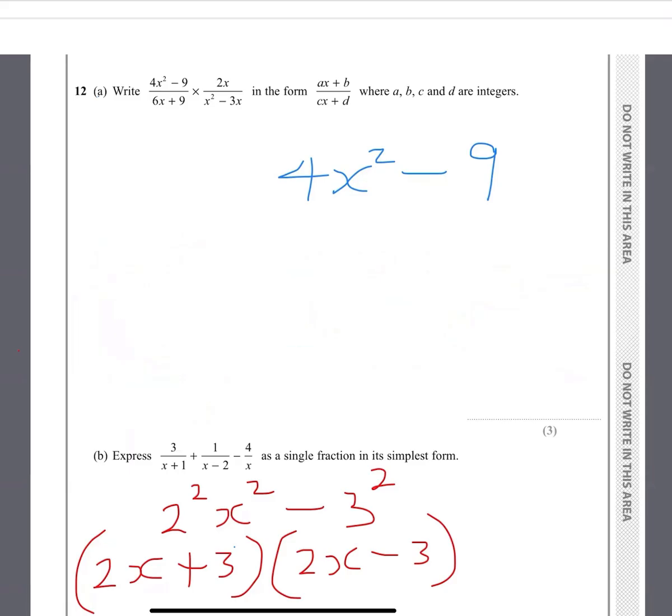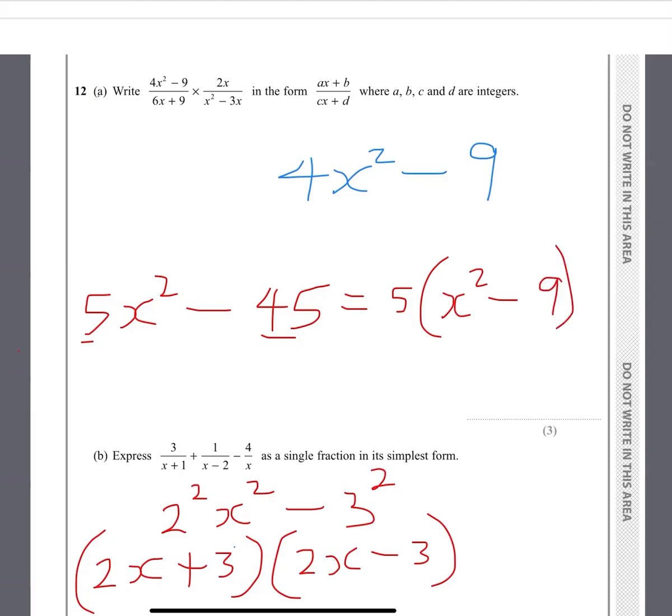If you have something like 5x squared minus 45, 5 cannot be expressed as a square, and 45 also cannot. However, if I factorize out the 5 and have x squared minus 9, I can express x squared as a square and 9 also as a square, right? So I can get 5 brackets x plus 3, x minus 3.